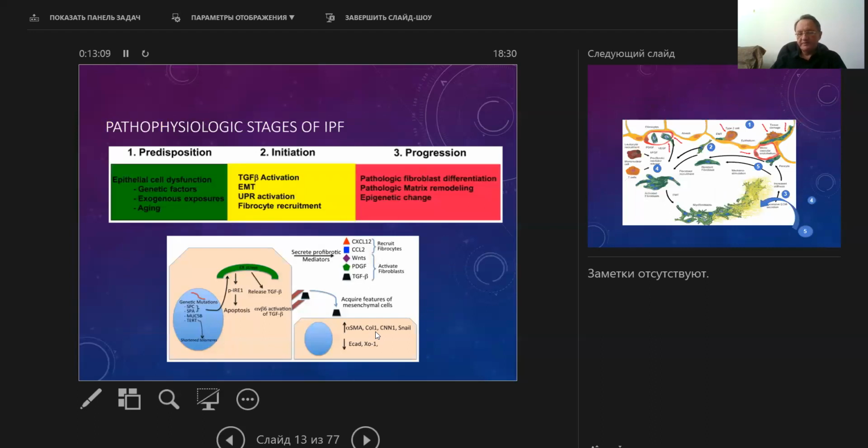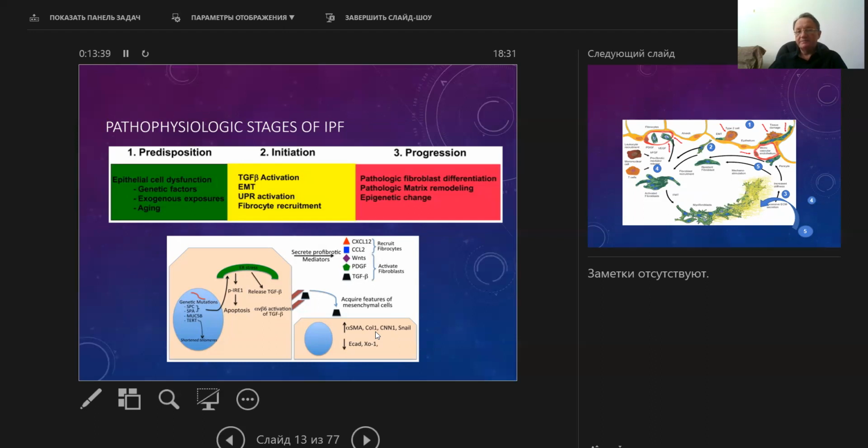The pathology stages of IPF include predisposition, initiation, and progression. Predisposition includes genetic factors, exogenous exposure, hazard factors, and aging, which lead to sometimes diffuse damage of the alveoli.